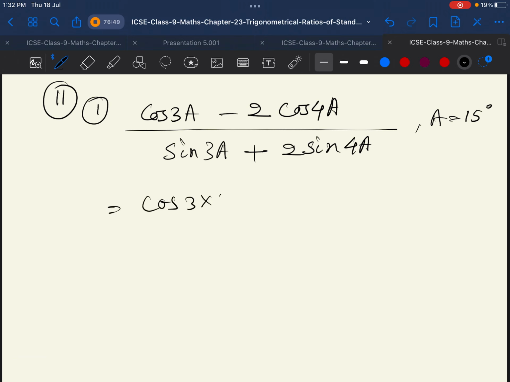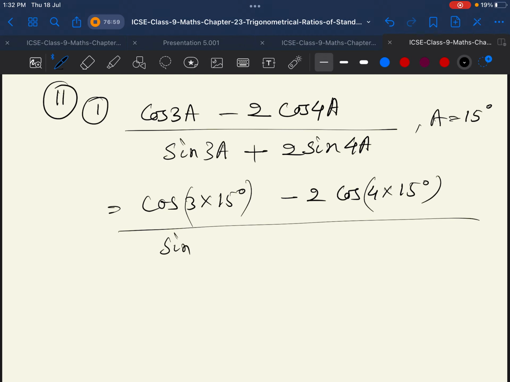Now we put the value of a: cos of 3 into 15 minus 2 cos 4 into 15, by sin 3 into 15 plus 2 sin 4 into 15.